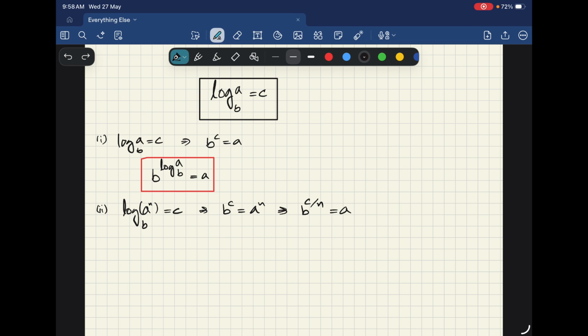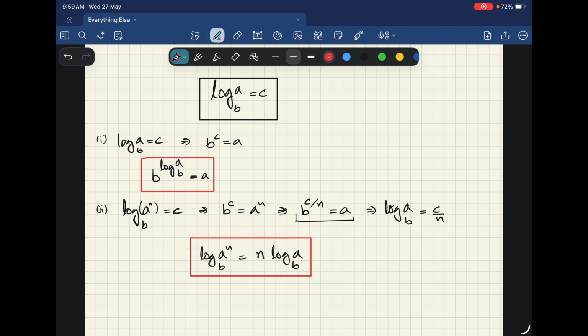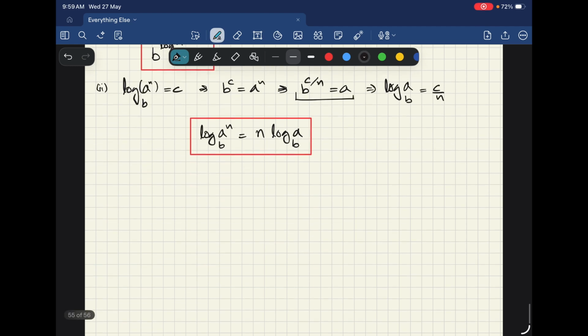Now again, what logarithmic representation says for this equation is that log of a with base b is c by n. That is, log a raised to the power n with base b is n times log a base b. Again, a simple looking formula, but really very important in the world of logarithm. Okay, let's move to the next property.